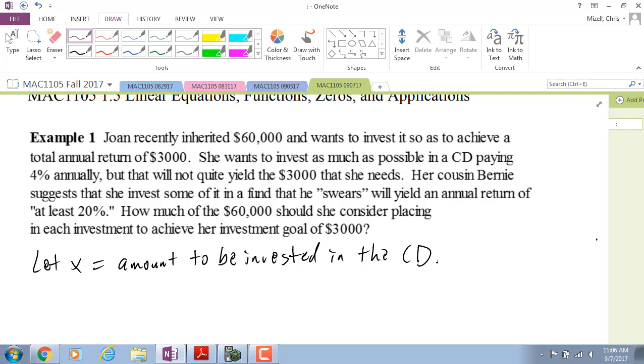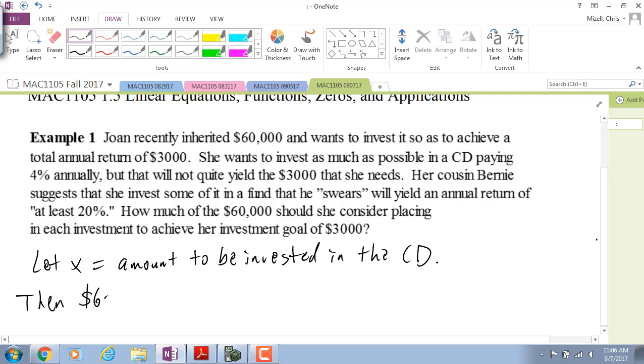Yeah, you take the $60,000 and you subtract the $50,000, and you get $10,000 without even realizing it, probably. So I'll say then, if we take that $60,000 total and subtract x, the amount that's going to be invested in the CD, this is going to equal the amount invested in Bernie's fund. There we go.